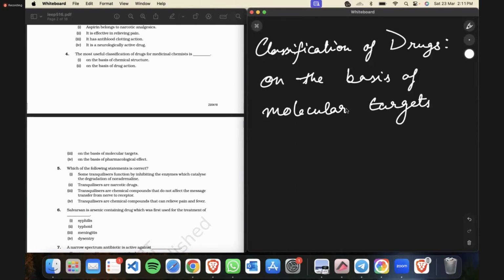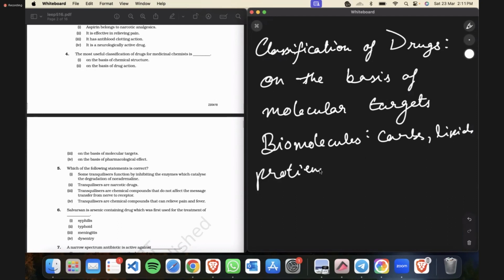And what are these molecules? These are biomolecules such as carbohydrates, lipids, proteins, and nucleic acids.